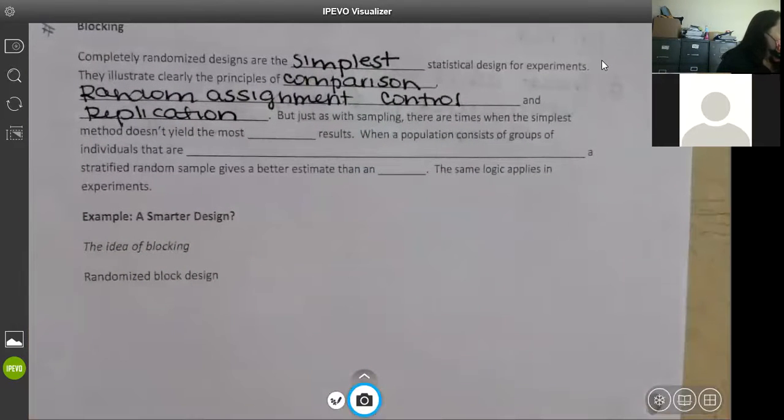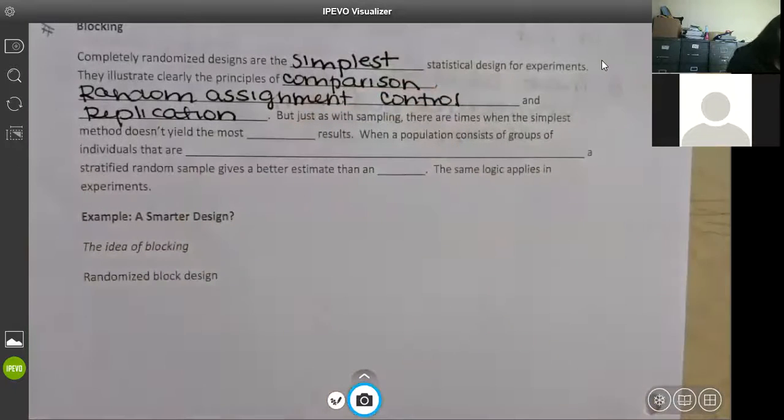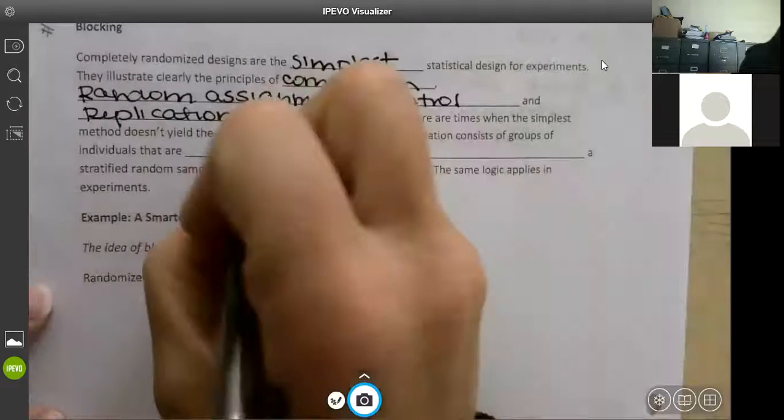But just as with sampling, there are times when the simplest method doesn't yield the most precise results.